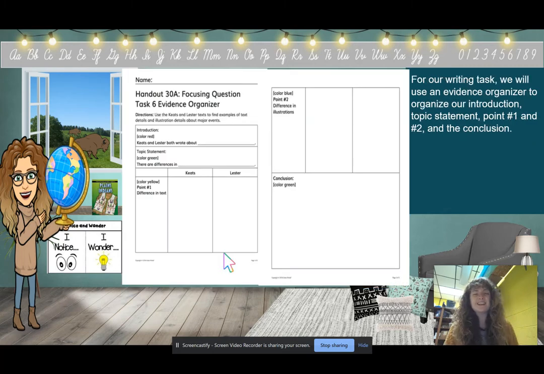So like I said at the beginning of our lesson, we are going to be using an evidence organizer to help us with our writing. So here is what we're going to do. You need to get your piece of paper out, and we are going to create our own organizer with a piece of paper. So the first thing we're going to do is make a long box at the top.